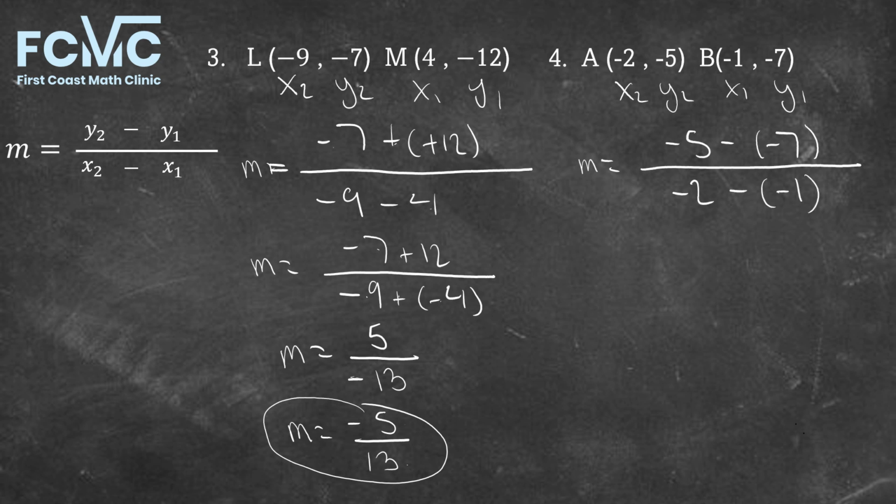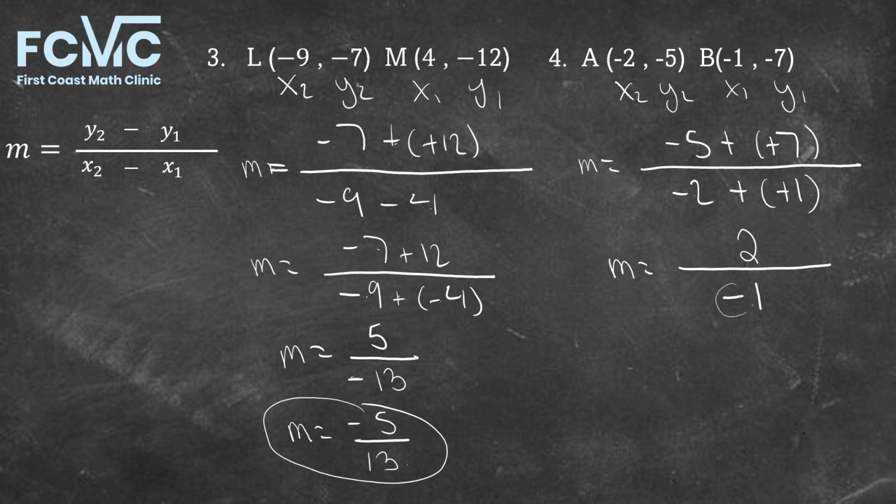Let's use keep change, change, so this becomes plus positive and plus positive. So in our numerator, negative 5 plus 7 gives us positive 2, and negative 2 plus 1 gives us negative 1. All right, so I've got positive 2 over negative 1.